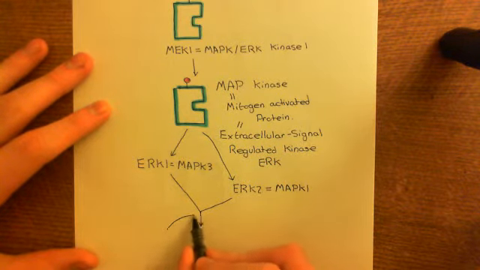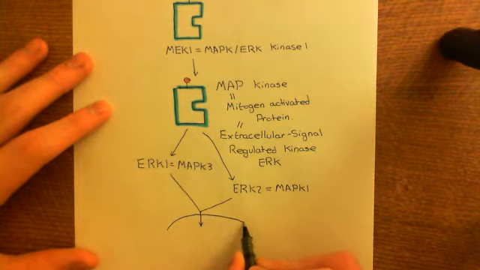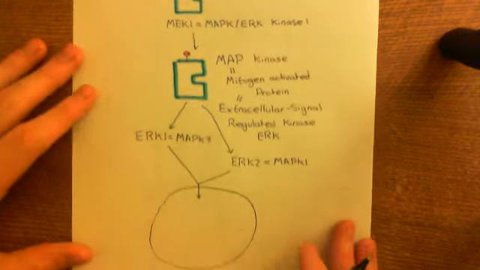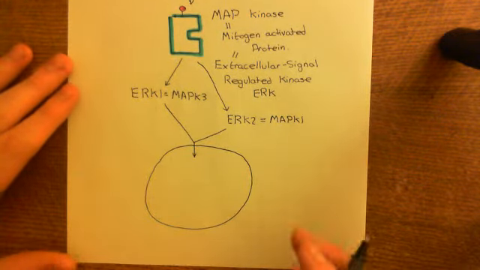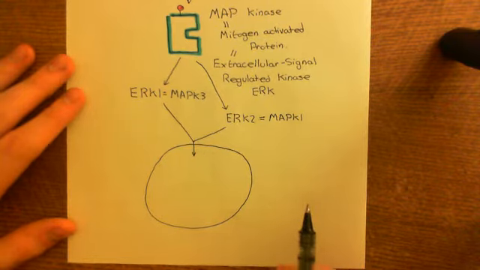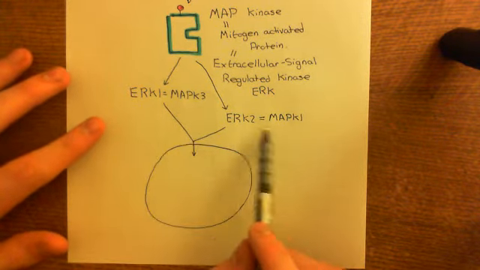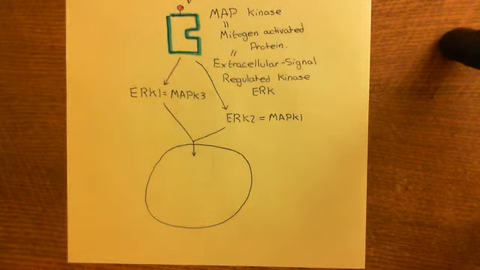Let's say this is the nucleus of the cell here, and I've just realised that I'm now going to have to try and squeeze everything into this tiny little space. So in come these enzymes, ERK1 or MAP kinase 3 and ERK2 or MAP kinase 1. What they're now going to do is, as active serine-threonine kinases, phosphorylate other proteins on serine and threonine residues.